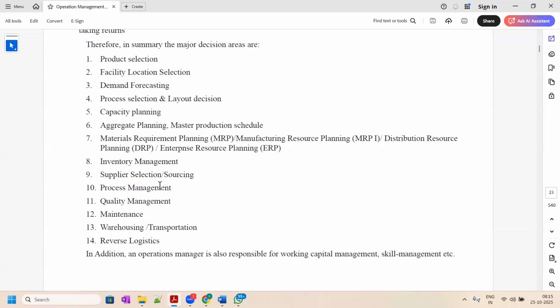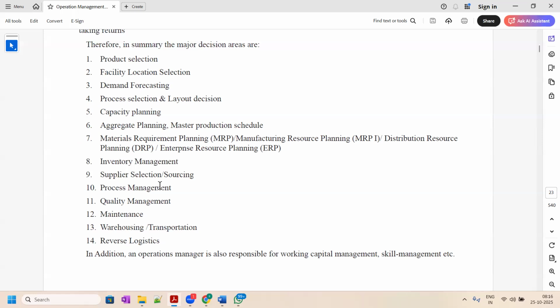Process management is all about controlling and improving the production process. Quality management is about ensuring that the product meets the required quality standard. Maintenance means making sure that the machines on which we do our business, which convert the raw material to finished goods, should be in good condition.